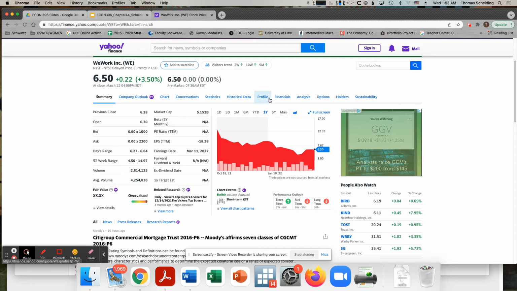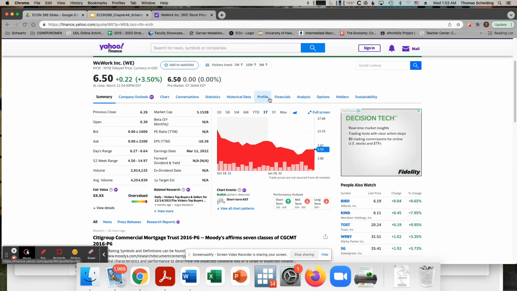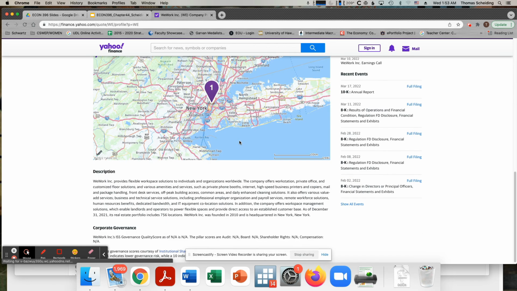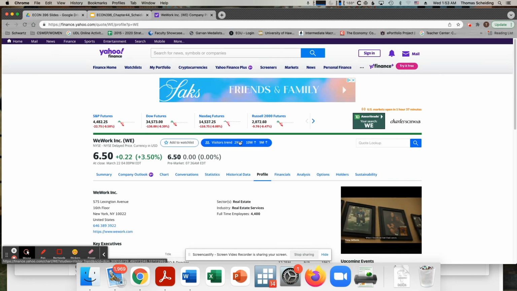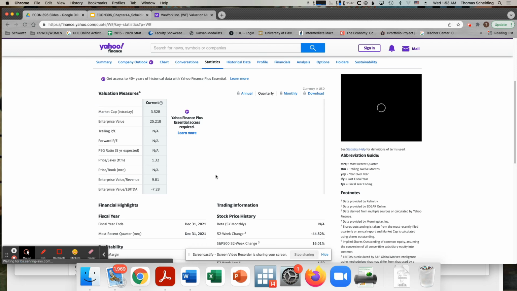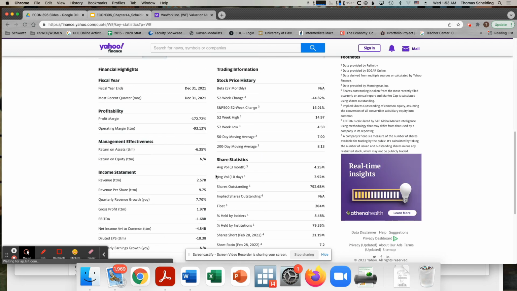Let's look at some more of the data here. Let's just see how many shares are issued. Shares outstanding. So there's about 800 million shares outstanding.